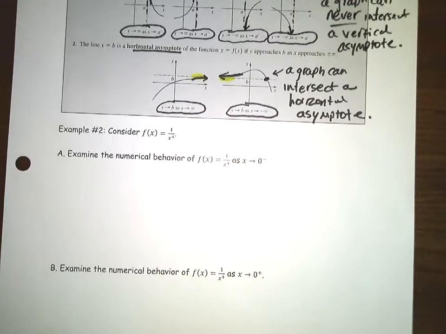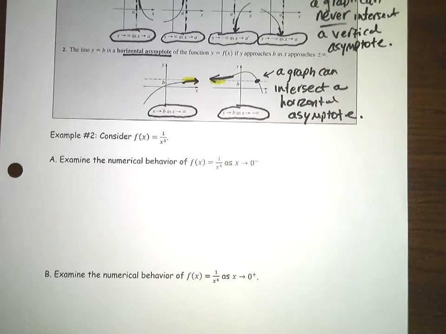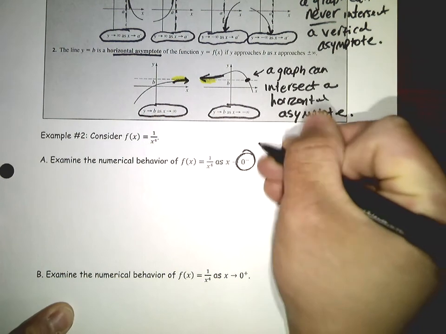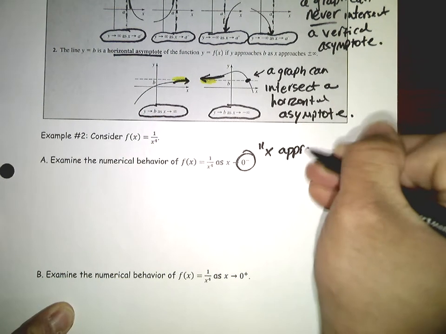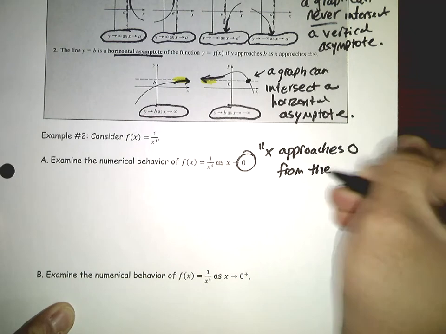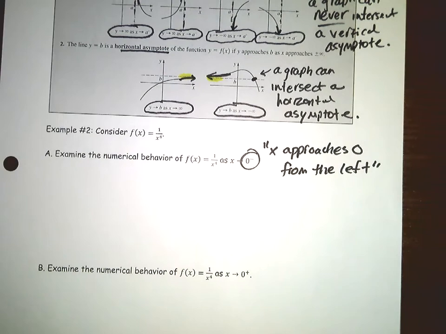So if I look at this example here, f of x equals 1 over x to the fourth, examine the numerical behavior of f of x equals 1 over x to the fourth as x approaches 0, and this negative sign means x approaches 0 from the left, meaning values that are a little bit less than 0.